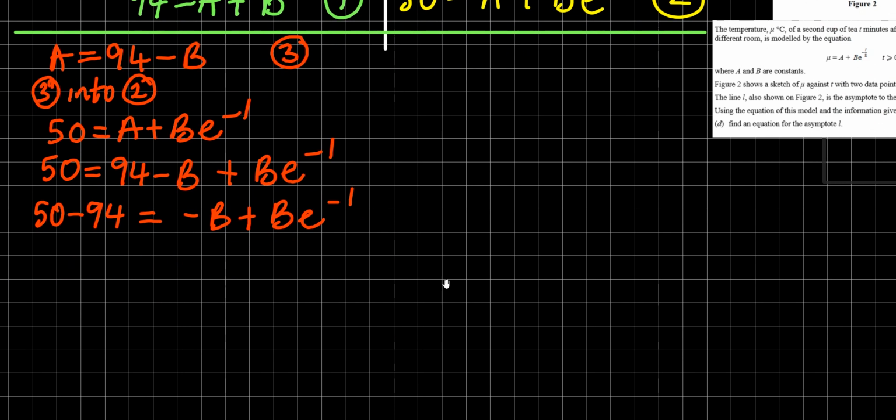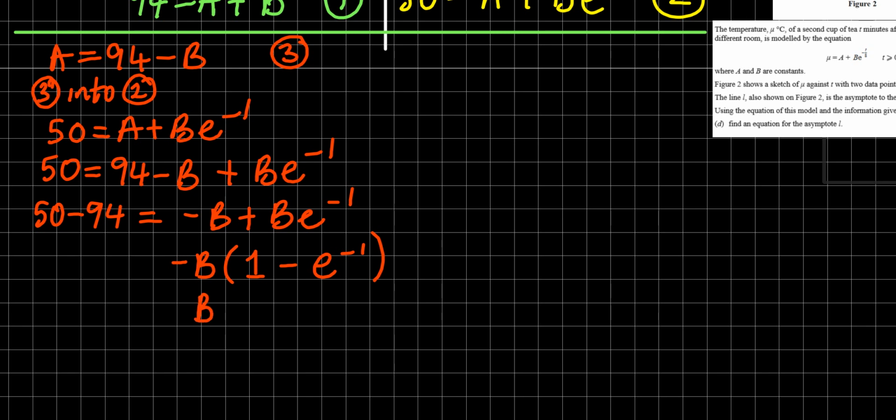We could take out the B, so factorize out the B. It depends on how you look at it. You could take out B or you could take out minus B. I'm just going to take out B all on its own.